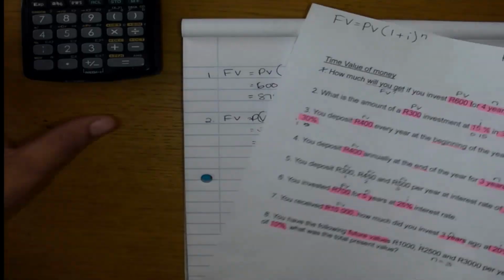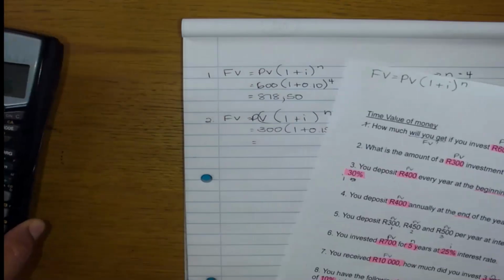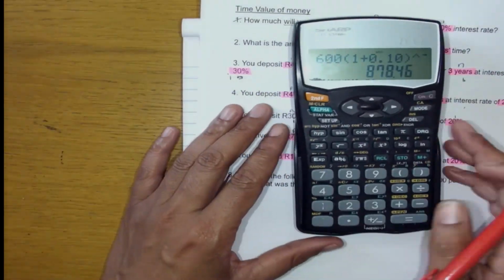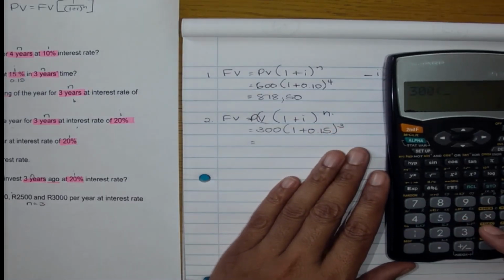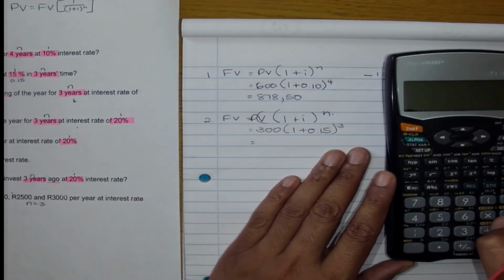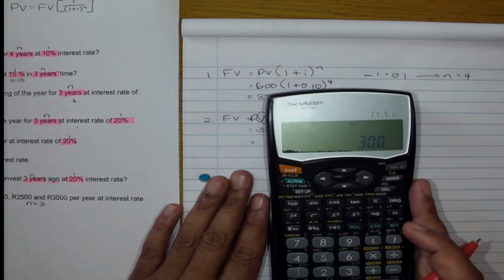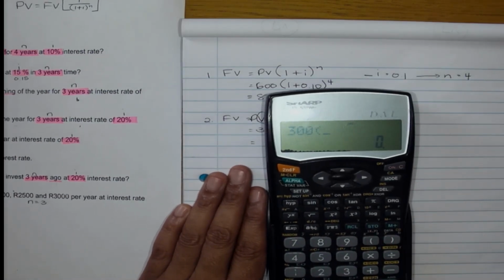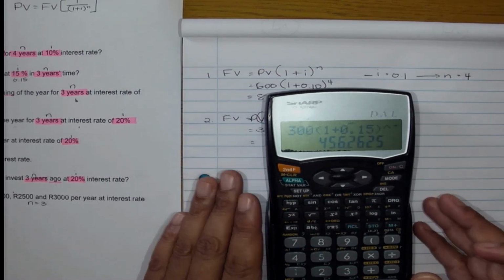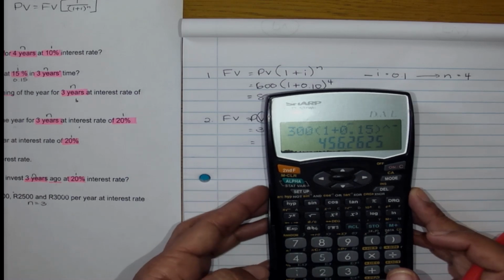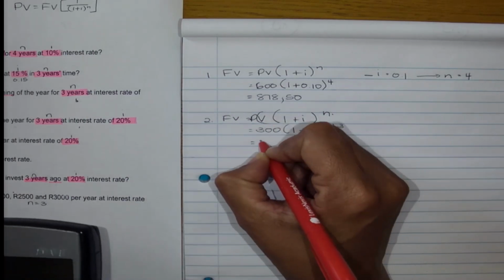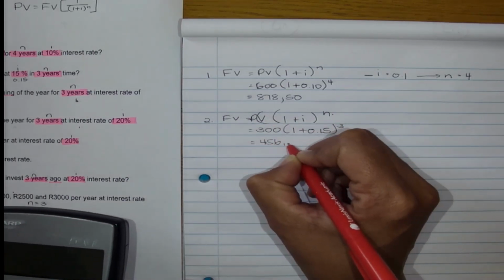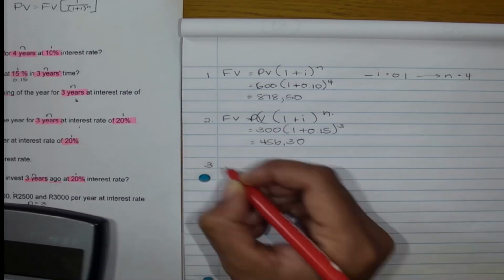And then you basically just put it into your calculator again. 300, open bracket, 1 plus 0.15, close bracket, to the power 3. So my answer is 456.26. So we're going to round off and it will be 456.30. Okay, we're done with question 2.